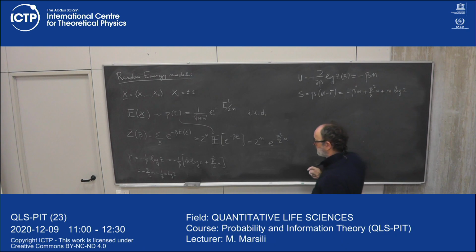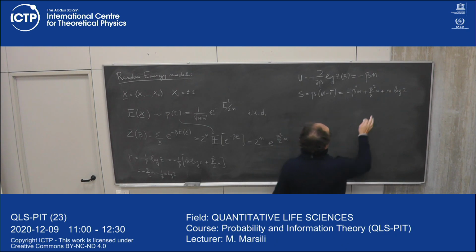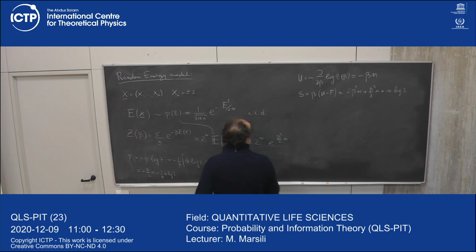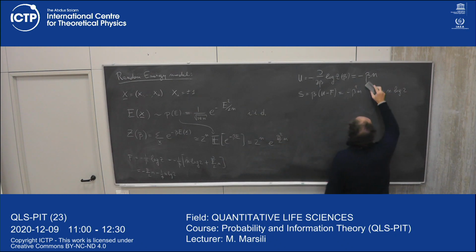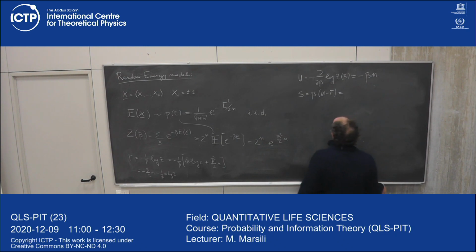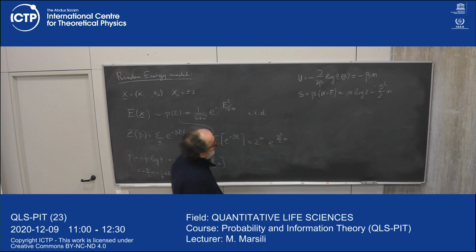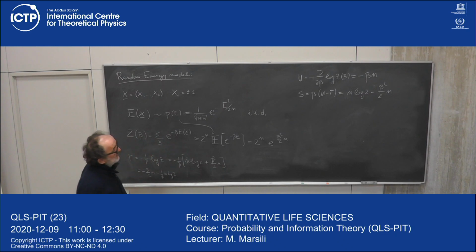Okay, very good. So if I simplify this, I just get that this is equal to n log 2 minus beta squared over 2 times n. Okay. Very good. So this is the solution.